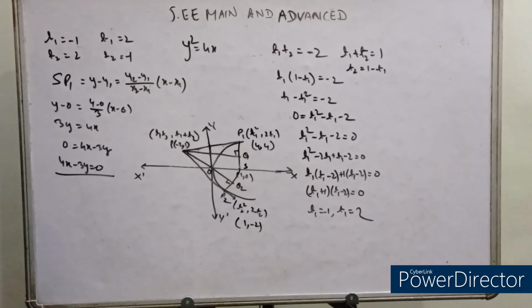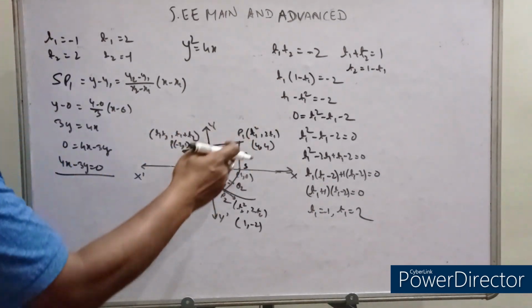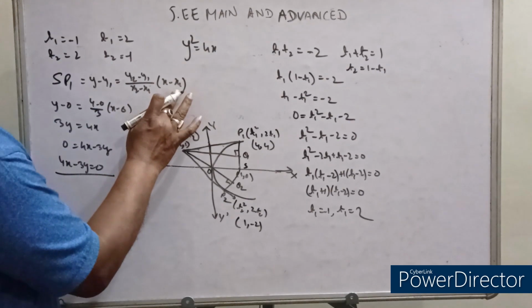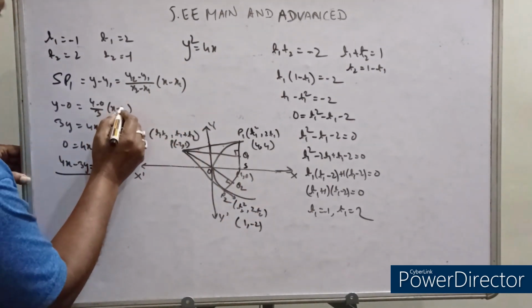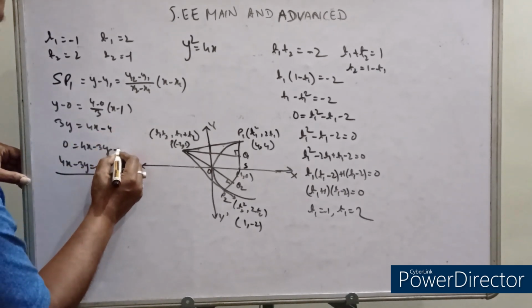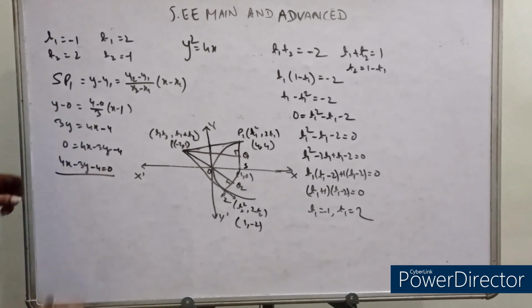So now you can easily find any equation, such as PP1, P2, PP2. See one thing, there is a slight mistake here because this is (1, 0), so this is 1. So this will be minus 4, so this comes out to be minus 4, so this is 4x minus 3y minus 4 equal to 0.